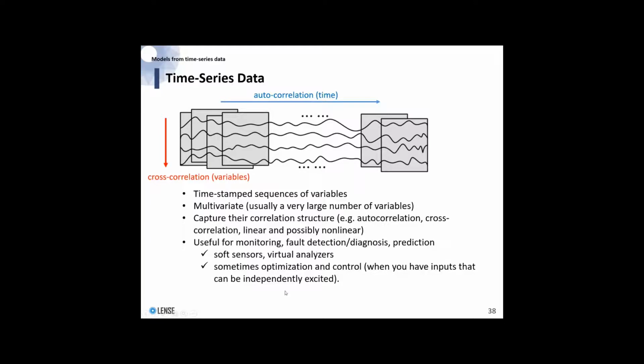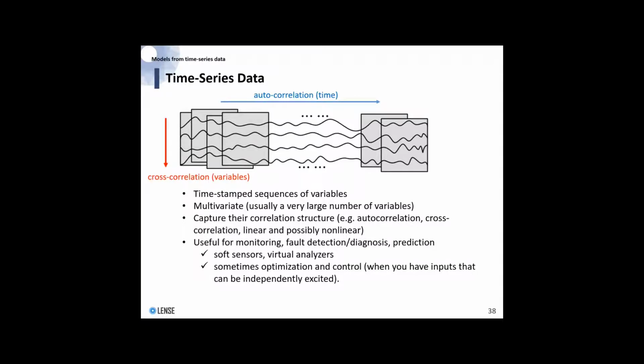And sometimes you can use it for optimization and control, but you have to be very careful when you want to use such a model for optimization and control, because you are modeling patterns, given patterns. And when you optimize and control using the model, you may actually change patterns actively, okay?